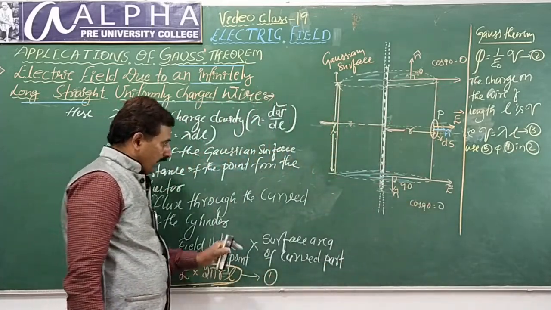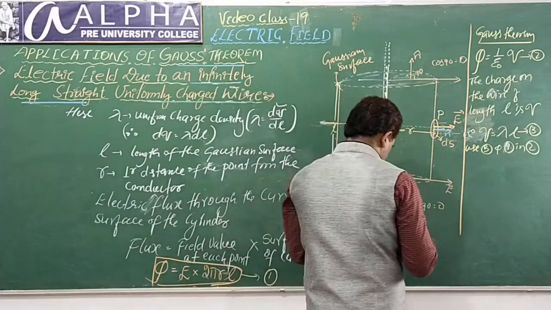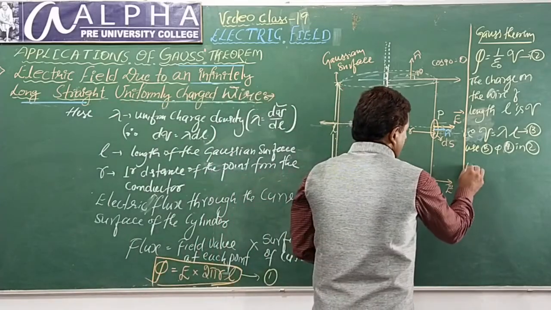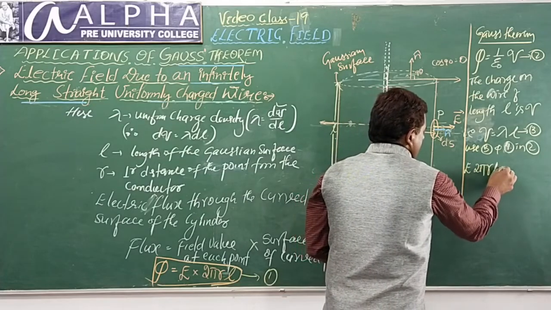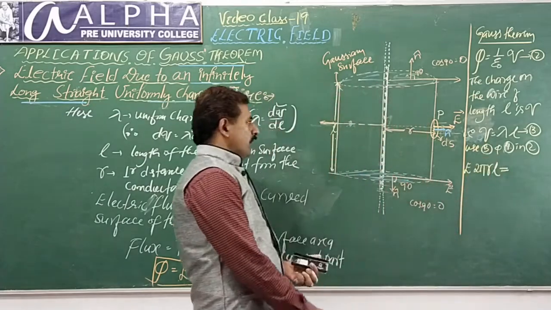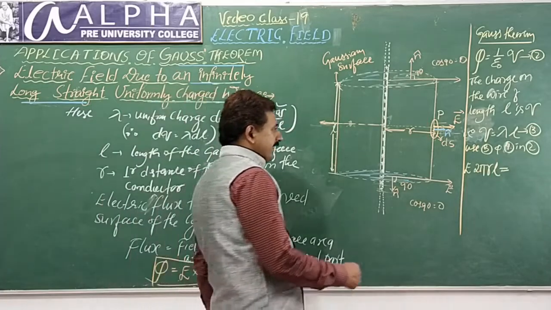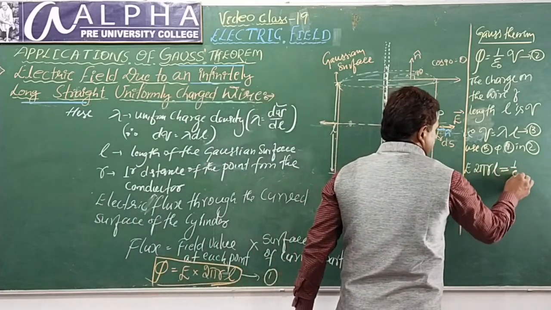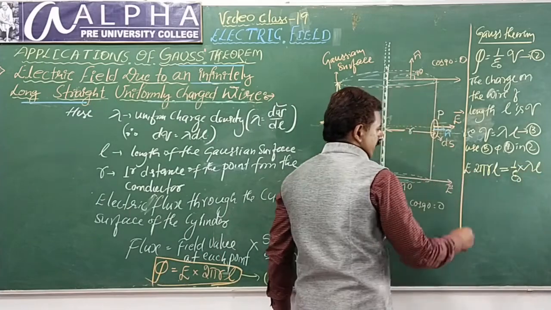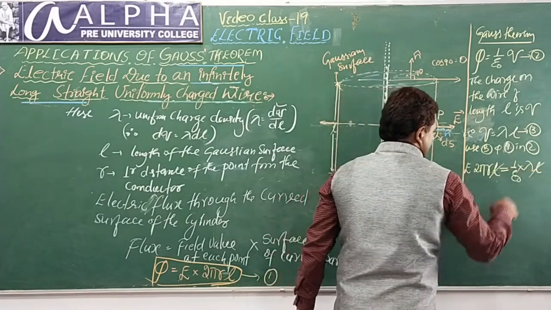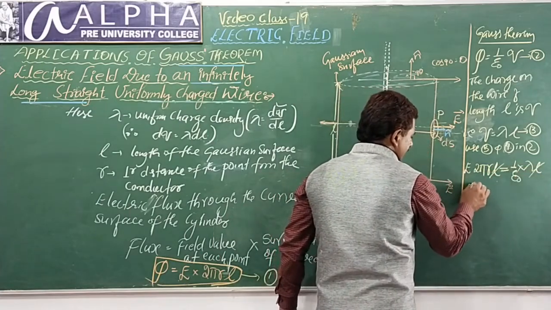E 2 pi R L equals, what is the value on the right side of 2? 1 by epsilon 0 times the charge lambda L. Students, lambda cancels. You solve for E. What is E?